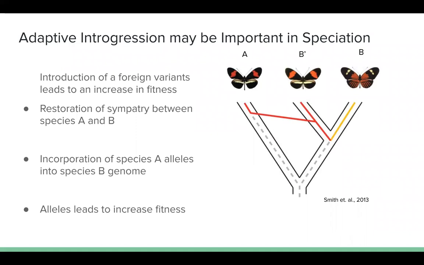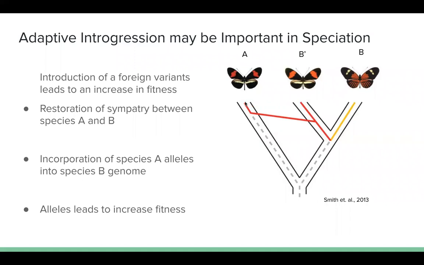So we can look at adaptive introgression, which is when the introduction of these new alleles into the gene pool of another species leads to an increase in fitness in that species. So you can see that here in this image, the two species A and species B were geographically isolated and they diverged here.